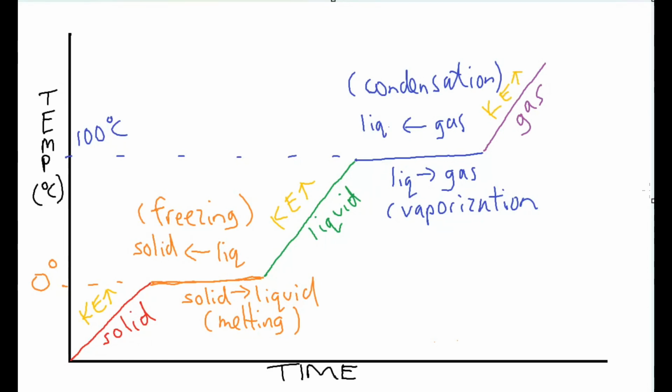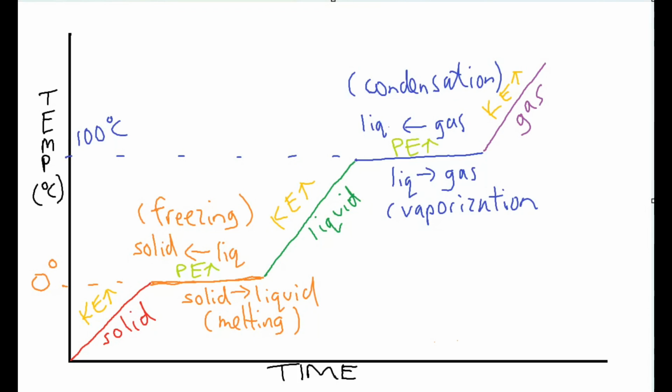Now, that's not true for our flat sections because, again, we saw in our flat sections the temperature isn't increasing. It's actually absorbing that heat to break those intermolecular forces and pull those molecules farther apart. So what we have there in the orange section is an increase in potential energy. And then in the blue section, same thing, increase in potential energy.